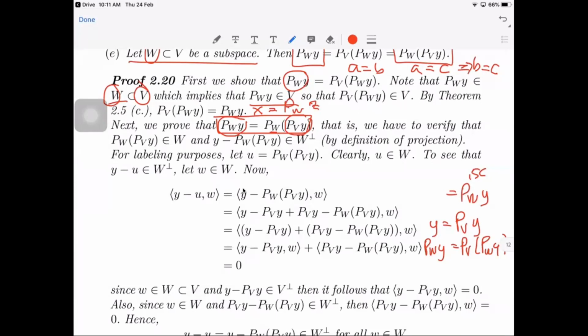So kung projection si X, duha atong ipakita, dapat si X is in W, and kanang gisulat og Y minus X is in W perp.